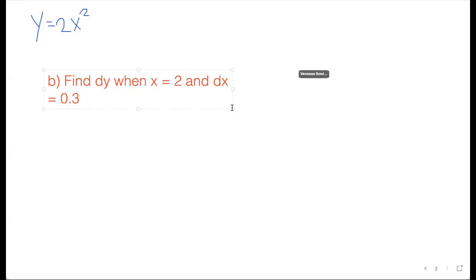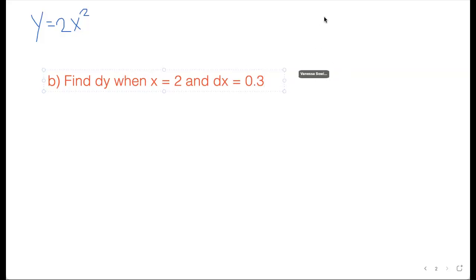You can see that nothing has really changed except our notation. We still have an x of 2, and our dx, which was the change in x, is 0.3. We have the same numbers but a different notation, changing from delta, the triangle, to dy and dx.